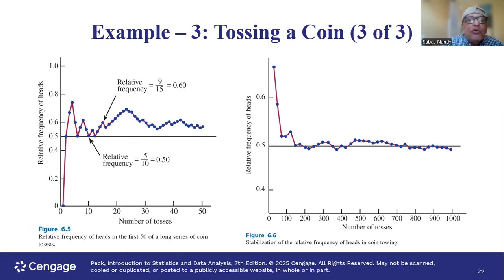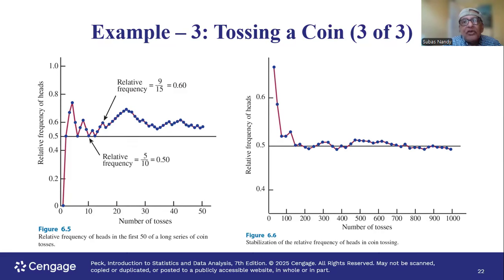And blue is the relative frequency of heads in real life. As you can see, most of the time the blue dots are above the black horizontal line, which is the theoretical probability of a head, 0.5. That does not happen if you toss the coin 50 times. The probability is not really 0.5, it's slightly above it.